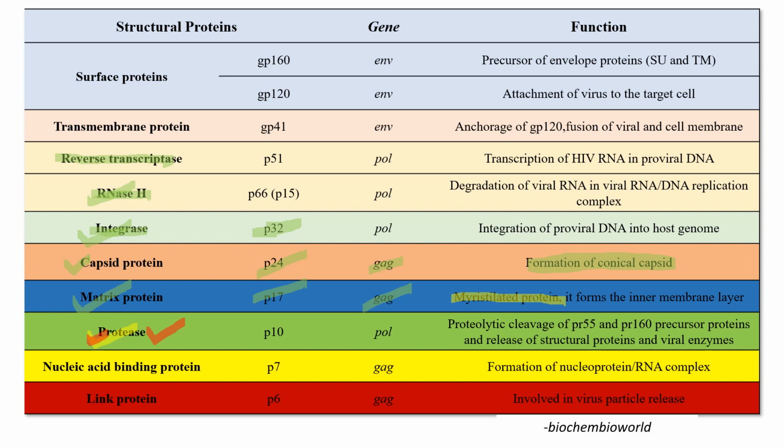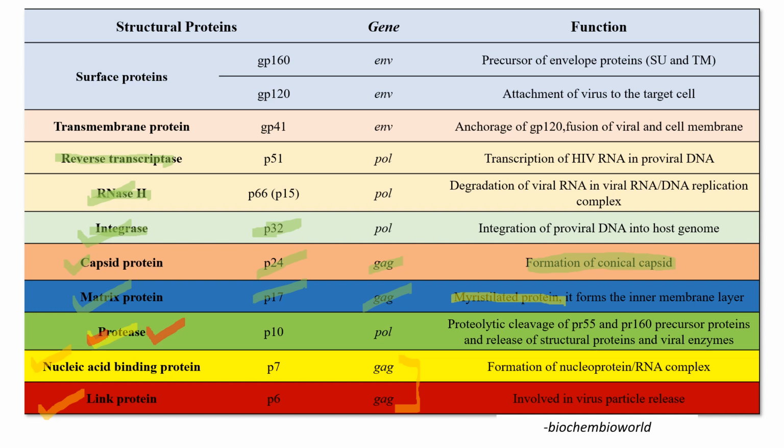Next are the nucleic acid binding protein and the link protein. These are two other proteins, and they are synthesized by the GAG gene. The nucleic acid binding protein results in the formation of a nucleoprotein and RNA complex. In our genome, in our DNA, it is usually bound by histone proteins, so the same goes for here.